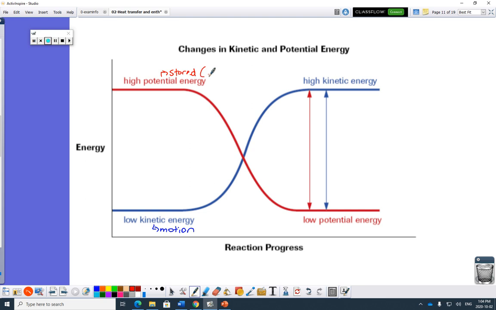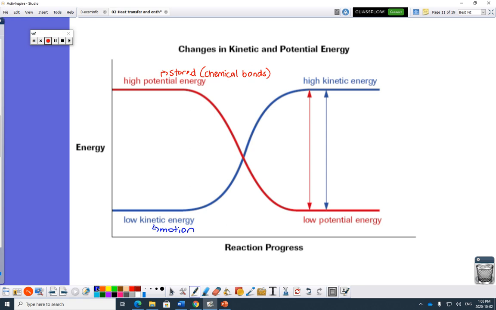It doesn't have to be in chemical bonds necessarily, but for us, that's what it is. This picture is representative of the system having high energy stored in its bonds. It's got a high potential to do work.